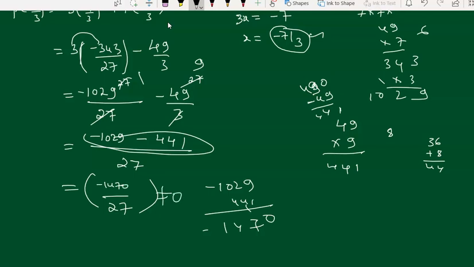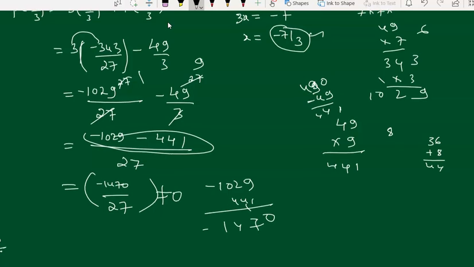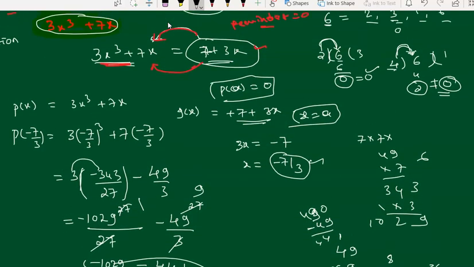So you can say that this is not a factor of this one. I hope you understood this. So here 7 plus 3x is not a factor of 3x cube plus 7x.